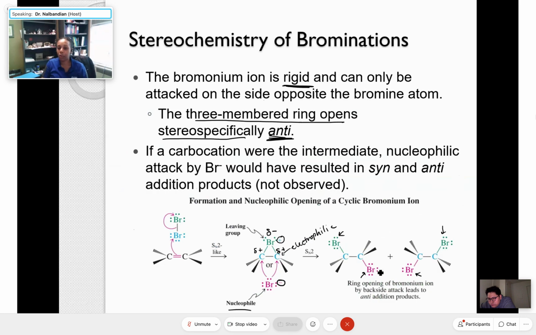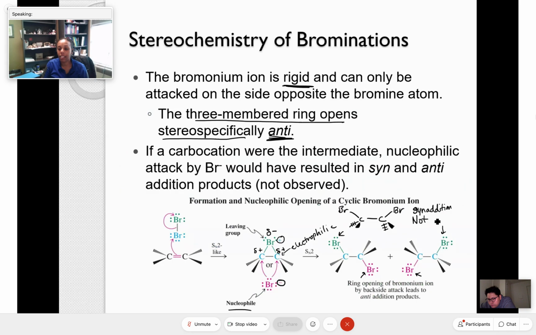So I've already shown you this, that it is an anti-addition. Why is it an anti-addition? Well, because of this bromonium ion. If we had the reaction occurring where we saw this as a product, we would know this would be the syn addition product.